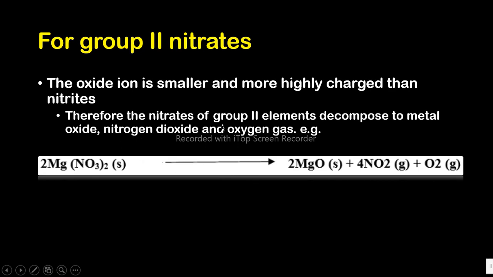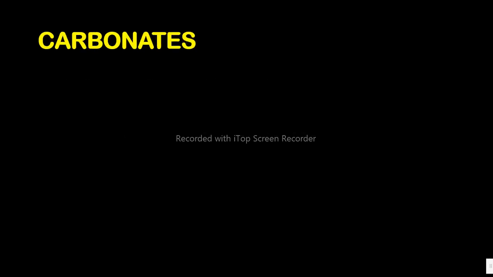So therefore the nitrates of group 2 decompose to a metal oxide, nitrogen dioxide, and the oxygen gas. And the equation is here. For example, magnesium nitrate gives magnesium oxide, nitrogen dioxide gas, and the oxygen gas. So you should be in position to write that equation with ease.